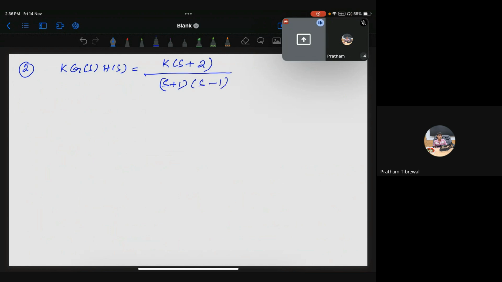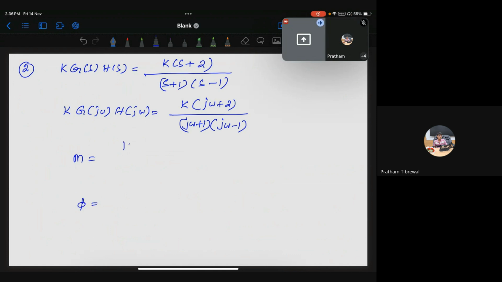First step again the same: K G(j omega)H(j omega) is K (j omega plus 2) divided by (j omega plus 1)(j omega minus 1). Can you hear my voice? Yes, sir.